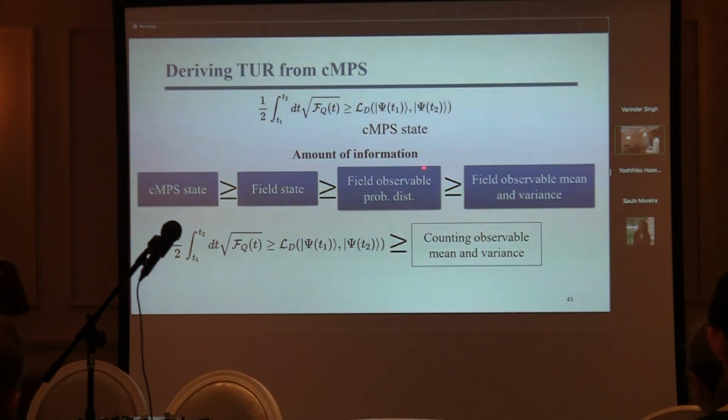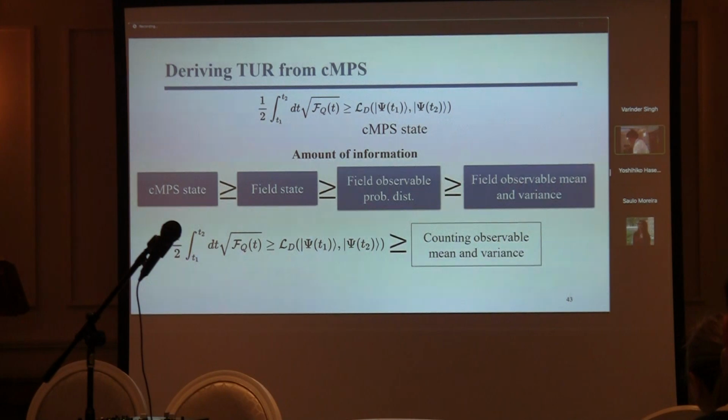So we may replace this information with the mean and variance of the field observable. In this case, this corresponds to the mean and variance of the counting observable. So by using monotonicity, this part should be lower bounded by a term including the counting observable mean and variance. So this is the essence of the derivation.